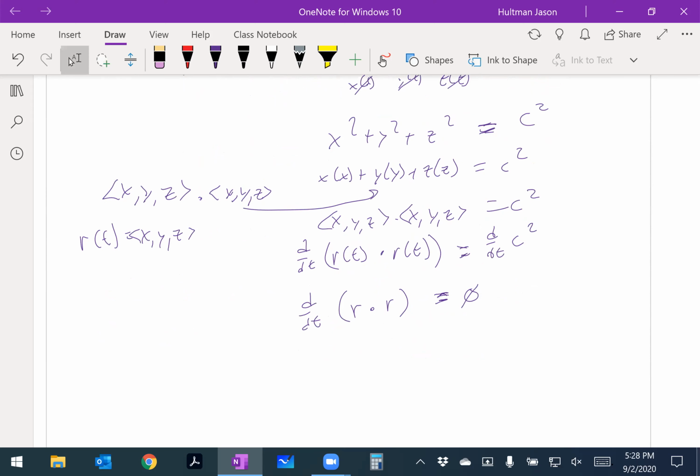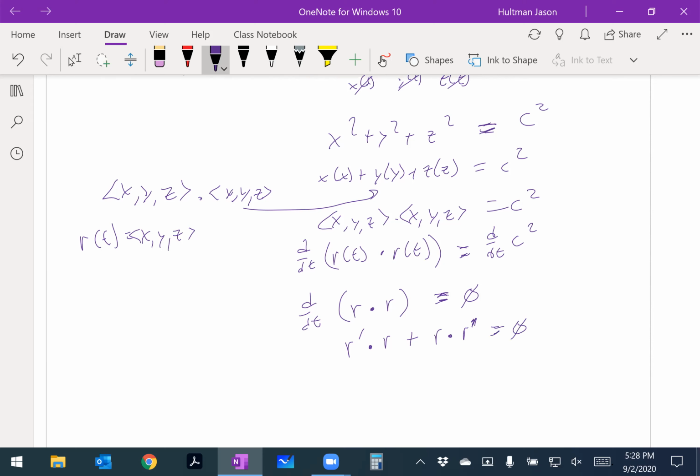What's the derivative of r dot r? Well, think of this as the product rule. It would be the derivative of the first dotted with the second plus the derivative of the second dotted with the first. Both are the same thing here, so it's the first dotted with the derivative of the second.